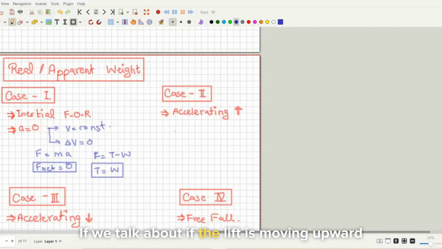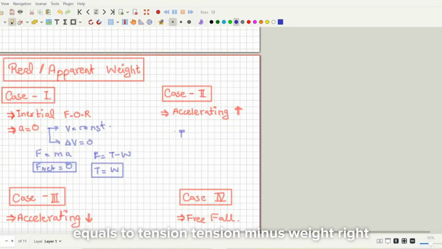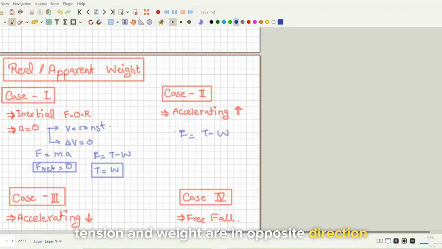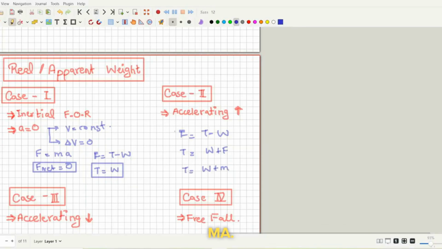If the lift is moving upward and accelerating upward, then the force would be F equals tension minus weight, right? Tension and weight are in opposite directions. Then the formula would be tension equals W plus force, or since F equals ma, the tension would be equal to W plus ma.